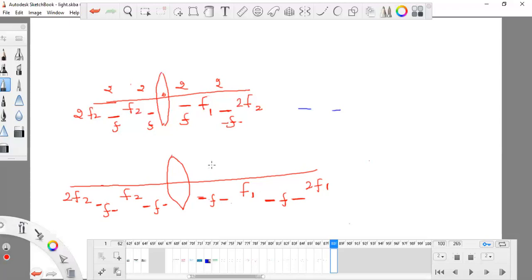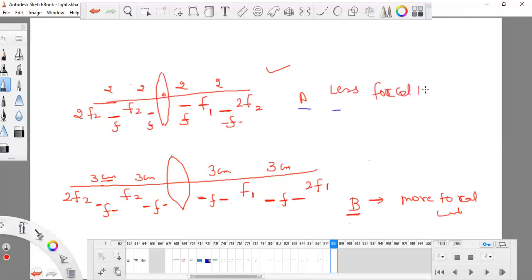Suppose it has a 3 centimeter focal length. So this is lens A, and this is lens B. Lens B has more focal length, and lens A has less focal length.